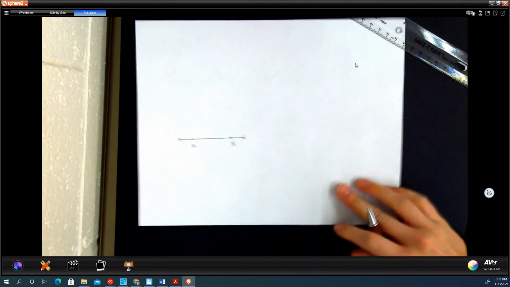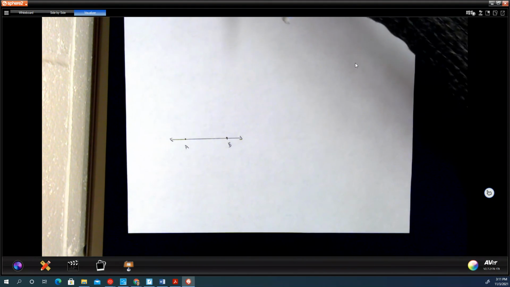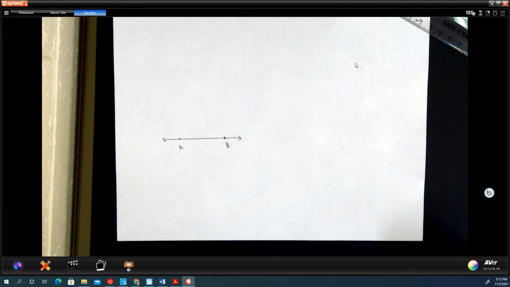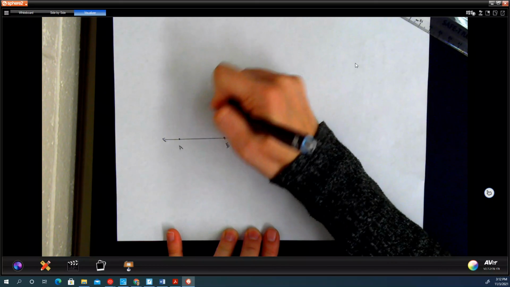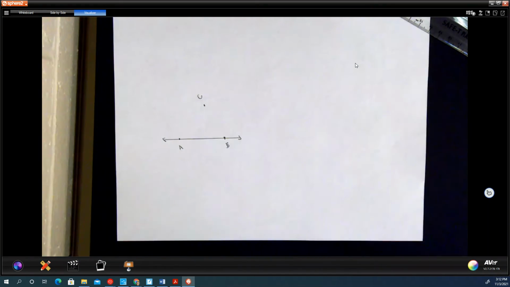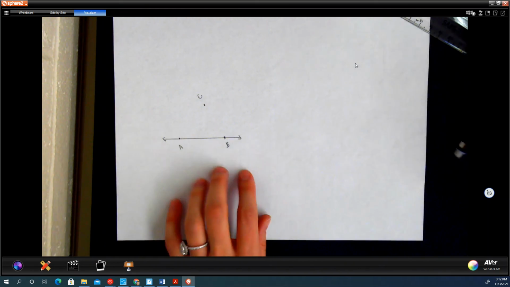Okay, I need to zoom in a little bit. A little bit bigger. All right, then we're going to put a point not on our line, call it point C. So I'll just do this up here, point C. Then you're going to draw line CA.